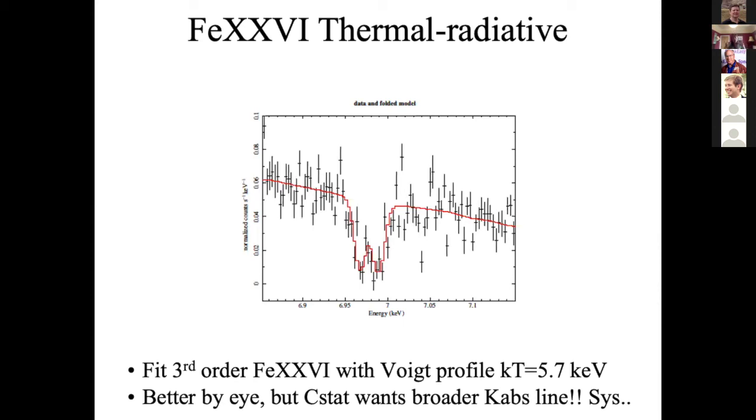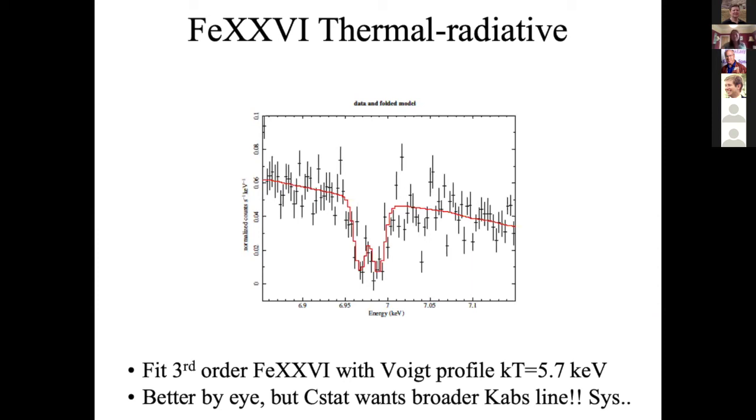So by eye, it's better, but CSTAT actually wants to fit something broader. But this is Chandra third order, and there's a lot of point-to-point scatter because of chip effects and many things that I don't understand about what I'm doing with Chandra third order data.